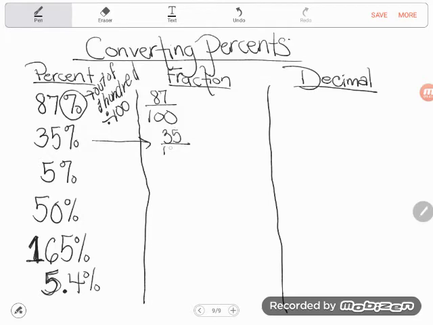So I would just say I have 35 pieces of size hundredth, or 35 out of 100. Now, this is a totally true, correct answer. There's absolutely nothing wrong with it. But I wouldn't use this as a final answer because it's not what we call reduced. All final fraction answers are supposed to be reduced. You're supposed to pull out any common factors.